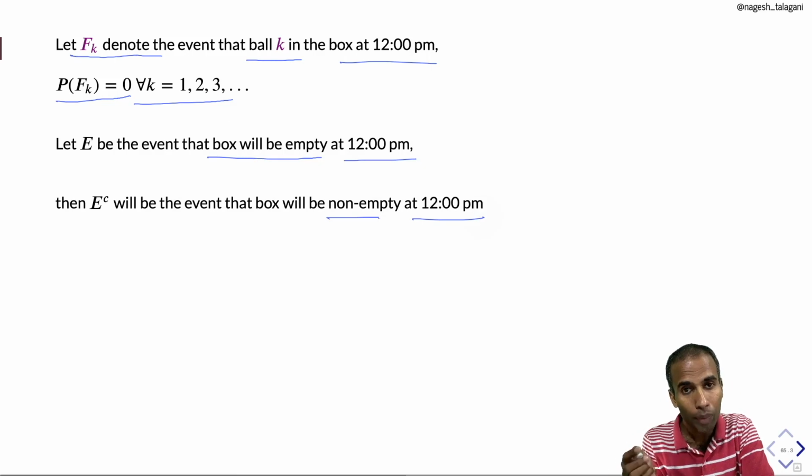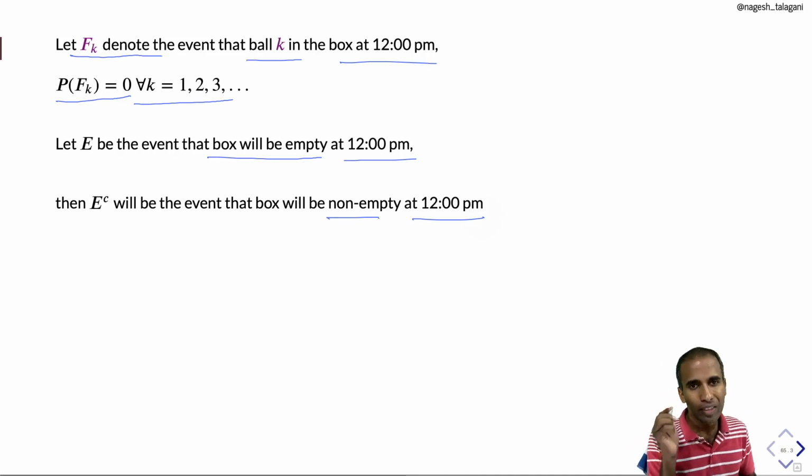Non-empty at 12 p.m. means that at 12 p.m. the box should have at least one ball with label 1 or label 2 or label 3 or so on, right? That means at least one of the events F1 or F2 or F3 or so on, some Fk, should happen. That's why this E complement can be expressed in terms of these Fk's like this.